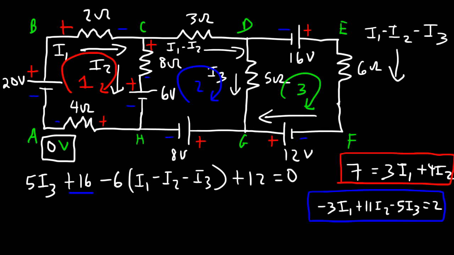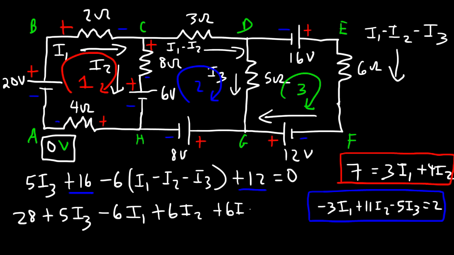Now let's combine like terms. So 16 plus 12 is 28. And then we need to distribute the negative 6. So it's negative 6 I1 plus 6 I2 and then plus 6 I3. And that is equal to 0. And so we have 28 minus 6 I1 plus 6 I2. Now let's combine these two. So 5 plus 6, that's 11.